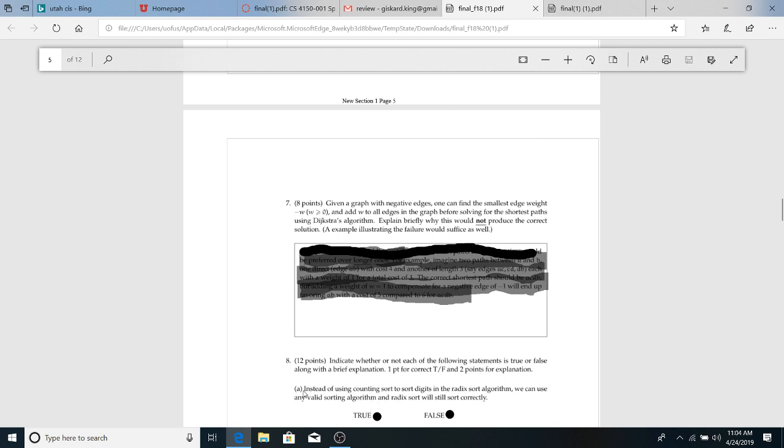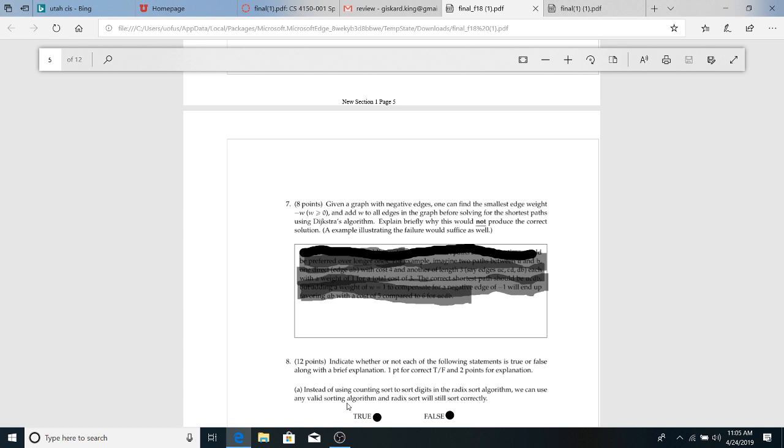And so the question is, instead of using the counting sort, where we were looking at each digit and figuring out where it should go in the final array, could we use any sorting algorithm at that point to sort the numbers, right? The idea is that you can use some sorting algorithms, but there was just one condition you have to meet.